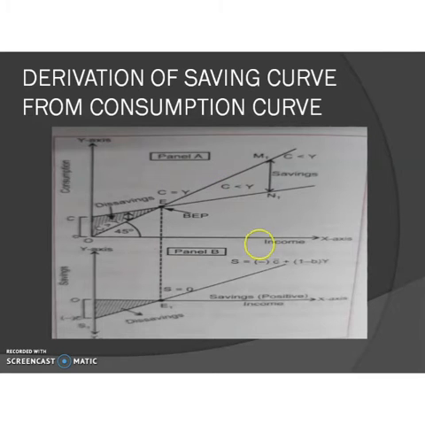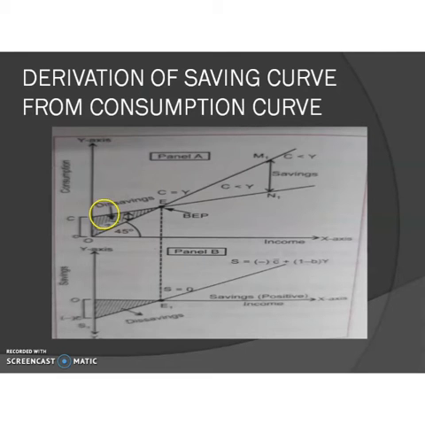Then in panel A, the consumption curve starts from the y-axis at point C. Why? Because of autonomous consumption.